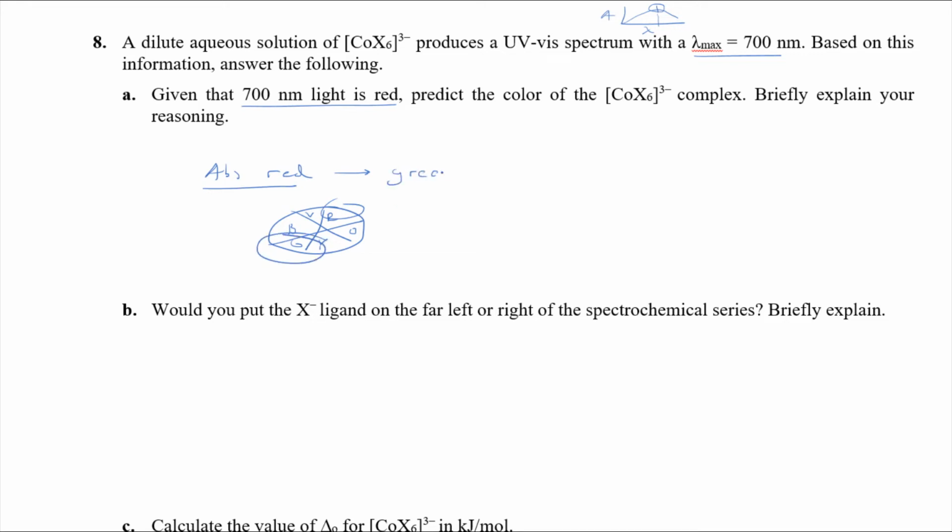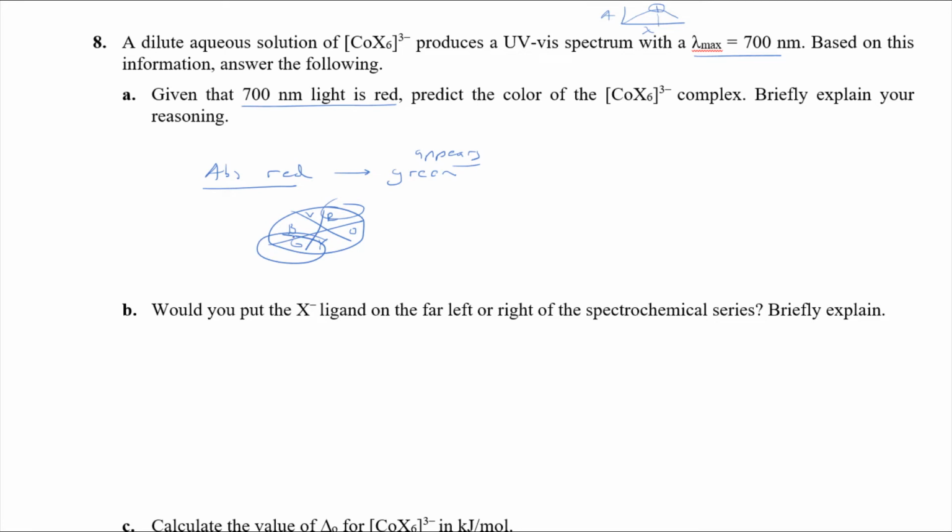It's going to appear to be green, because that's the light that is actually transmitted or reflected off. So there we go. That's easy. And it relates to the fact that these are colored compounds. They absorb in the visible range. And so if you remove this big chunk of light around red, the color that you see is going to be richer in the color across from it, green.